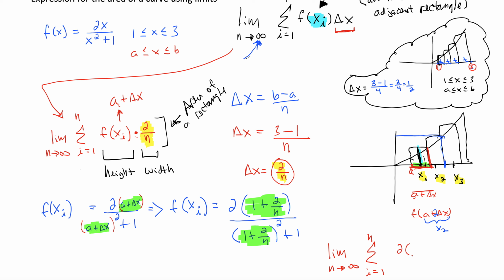So 2 times 1 plus 2 over n over 1 plus 2 over n squared plus 1. Okay, I have that. Then I'm going to do my delta x, which is times 2 over n. Okay, and it's almost done.